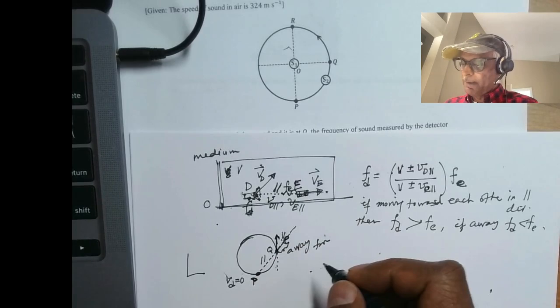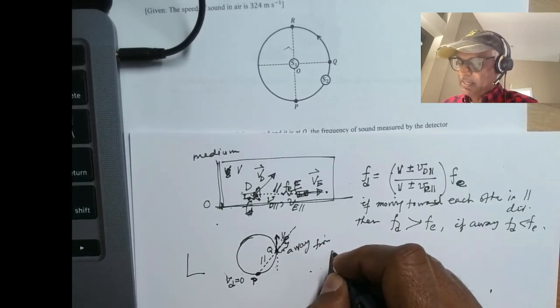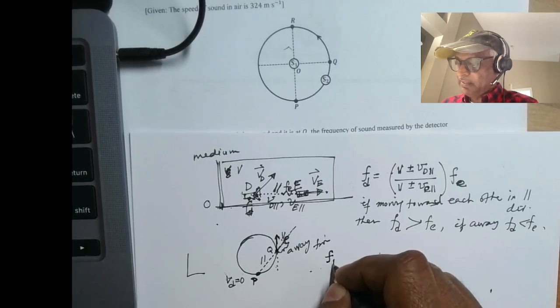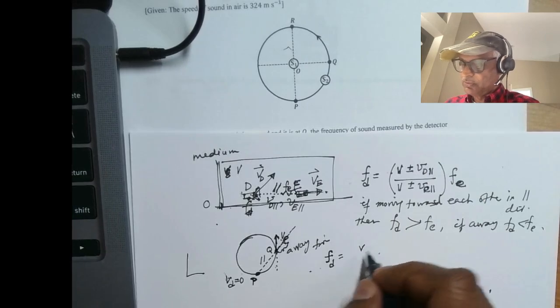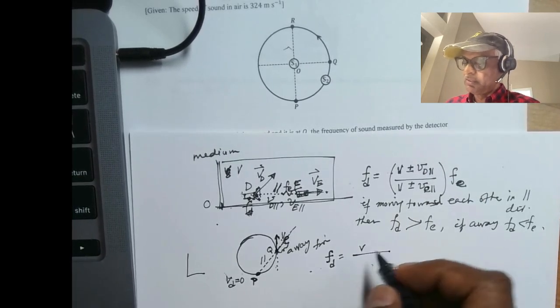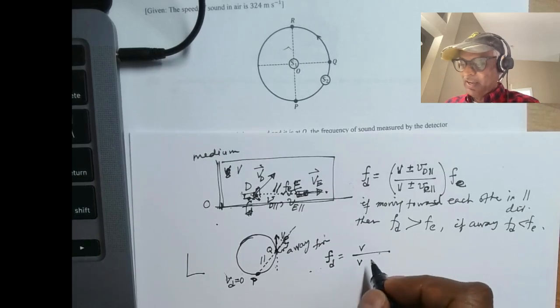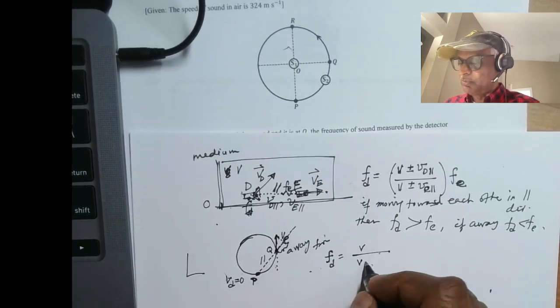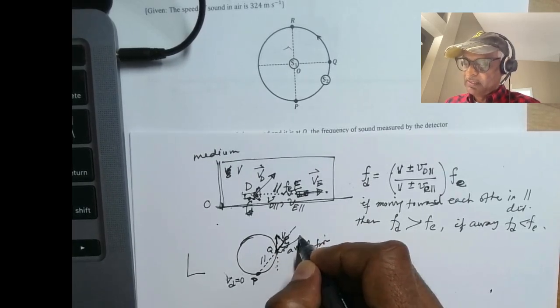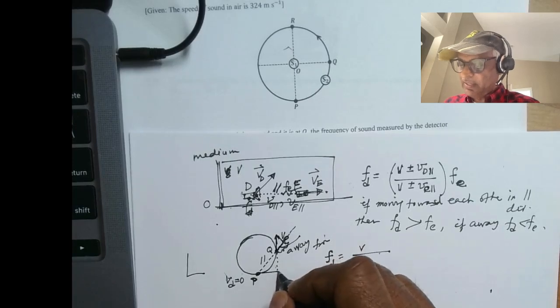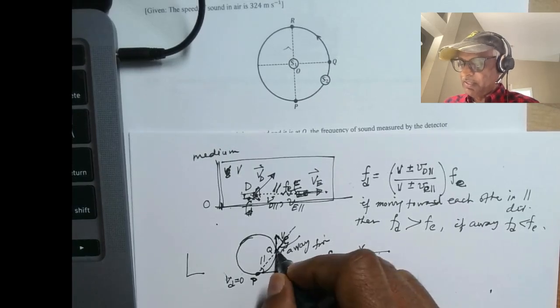So the frequency that will be detected will be V over V, because VD is 0, and the frequency will be smaller, so minus, and I need to get the parallel component of VE. This angle here is 45 degrees.